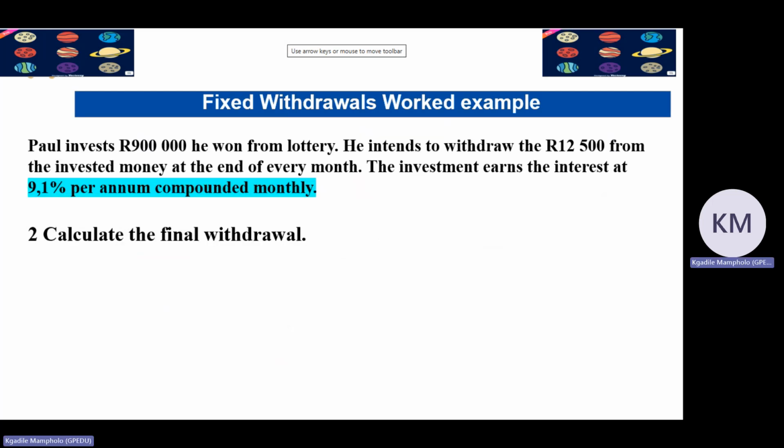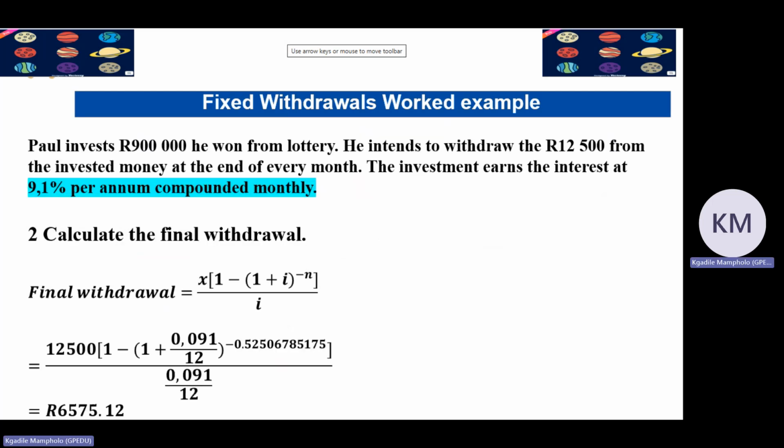Let's calculate the final withdrawal. It's just like a final payment. You will just use the present value formula, and your n will be the decimal you got when you calculated n. Then this will be the answer. It means the final withdrawal Paul will make will be 6,575 rand, 12 cents.